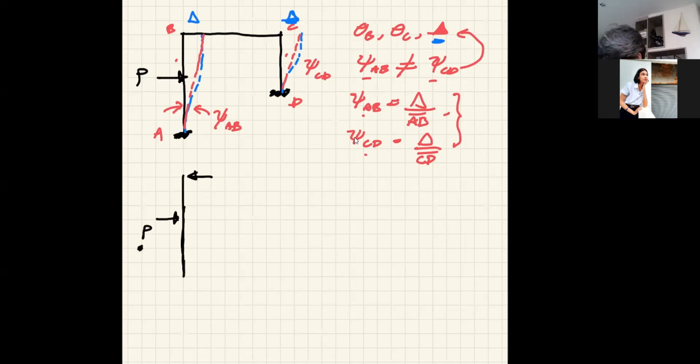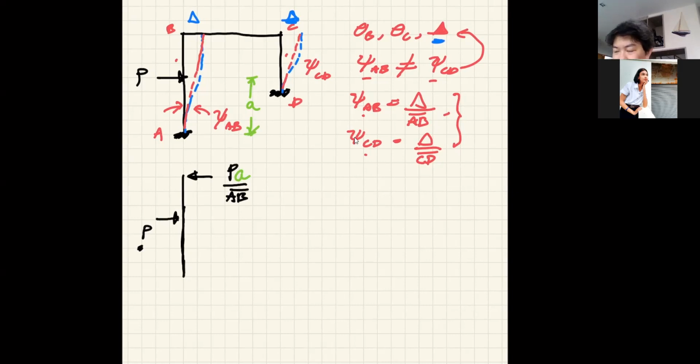Let's say I need another variable. Let's call this distance A. That means this force is P multiplied by A and then divided by length AB, right? Again, this is nothing new, it's just basic equilibrium.